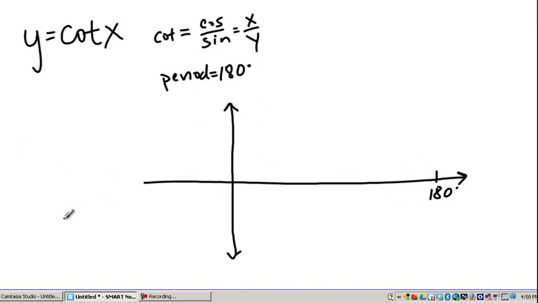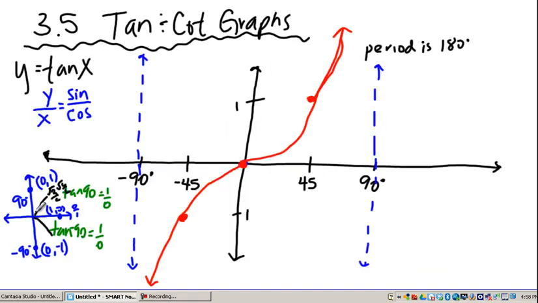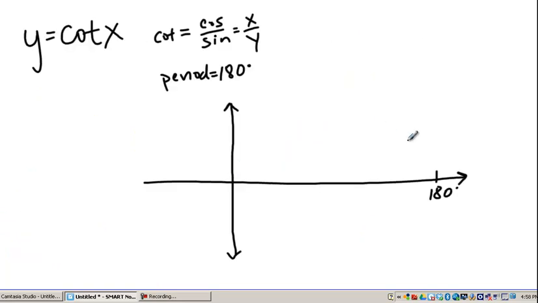0 and 180. Because if we go back to the tangent, remember when I made these points at 90 degrees, our coordinate is (0, 1). So cotangent is x over y, so 0 over 1 would still create a 0. So this is 90 degrees. This would be my center point.